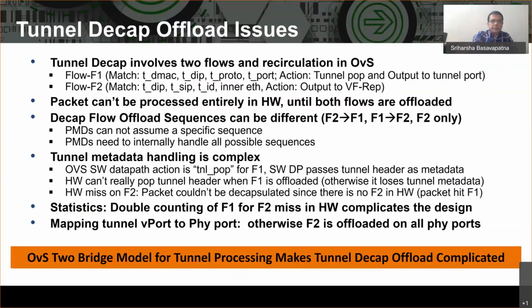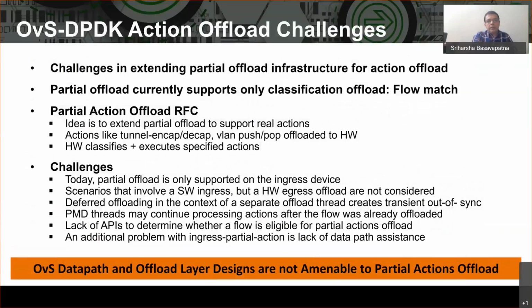Let's go to the next slide. Okay, in this slide, we look at the OVS DPDK action offload challenges, specifically the partial action offload. Today in OVS DPDK, we have partial offload, which is basically classification offload. We offload the match part of the processing to the hardware.